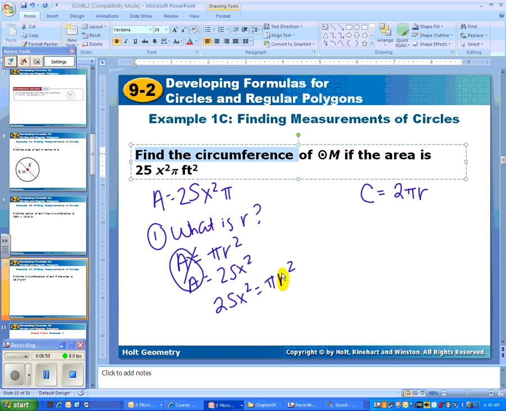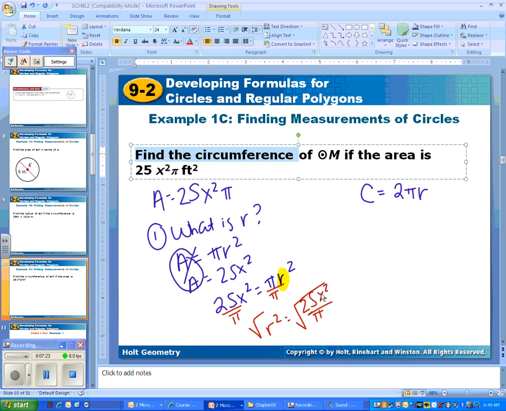So this is what you want to get by itself. To do that, you're going to divide both sides by pi. I know this looks ugly. And then you're going to take the square root of r squared. I have a feeling I did something wrong.